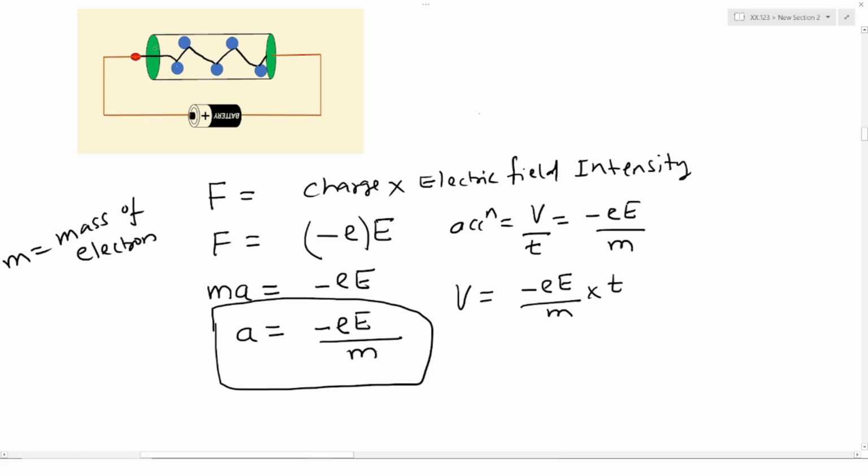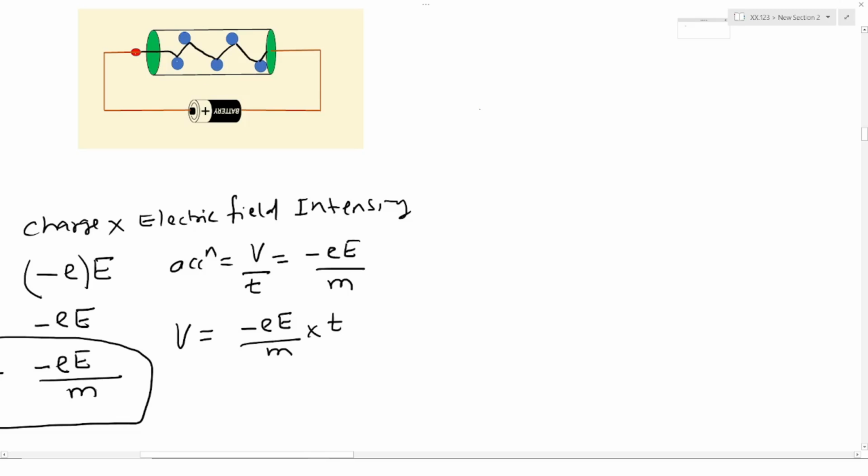Let us say the time elapsed after the last collision, until the electron comes out of the metal piece, is nothing but Ti. So Ti is nothing but the time elapsed after its last collision.